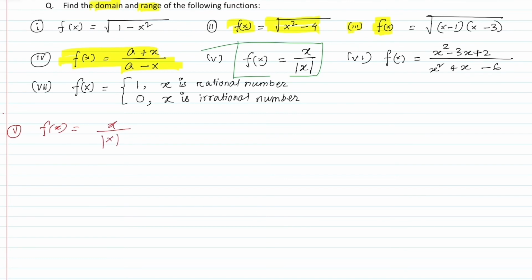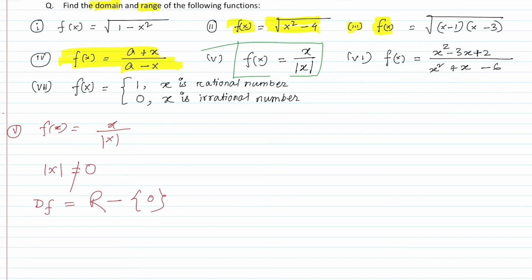Here, in this case also, mod of x cannot be equal to 0. So the domain of this function must be R minus the set containing 0 as an element.